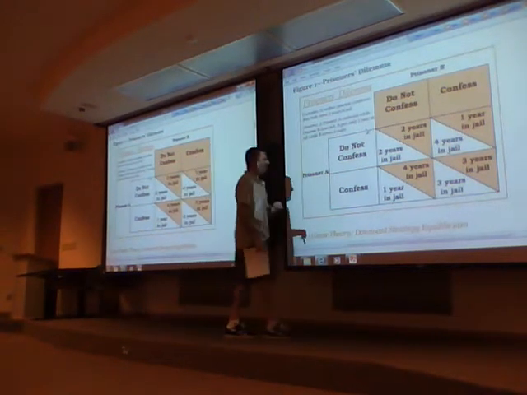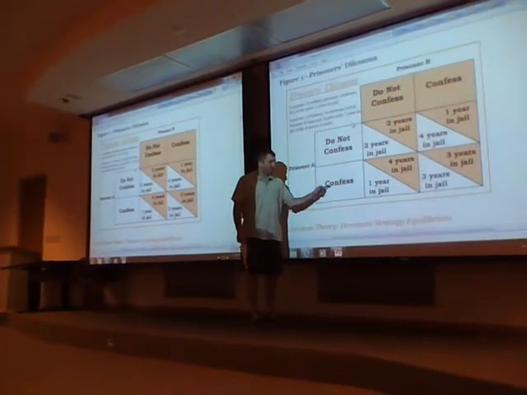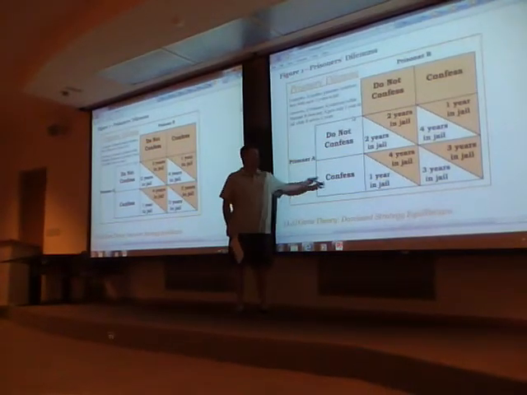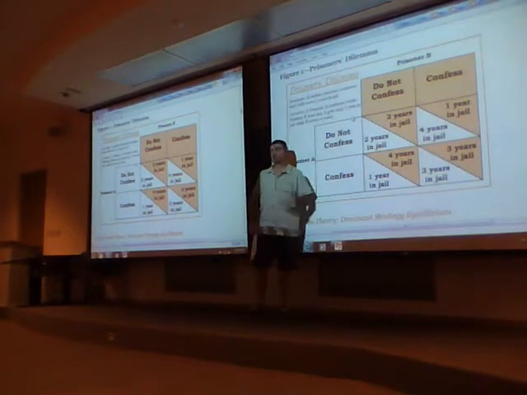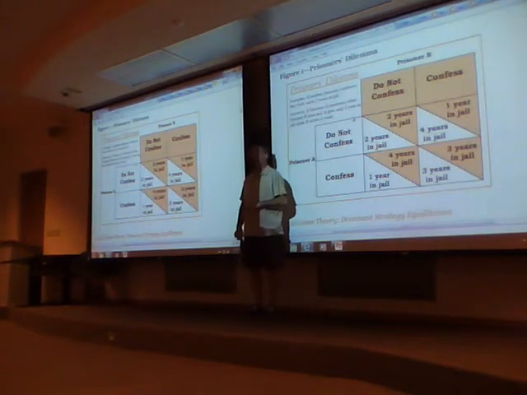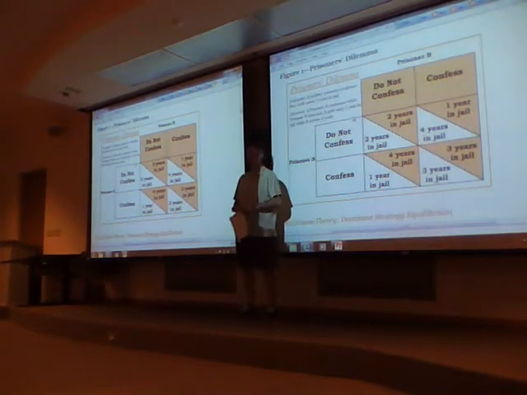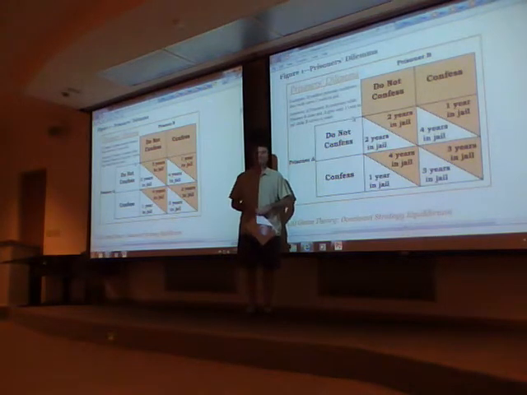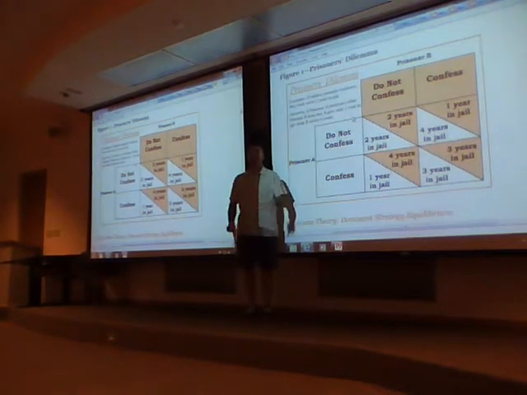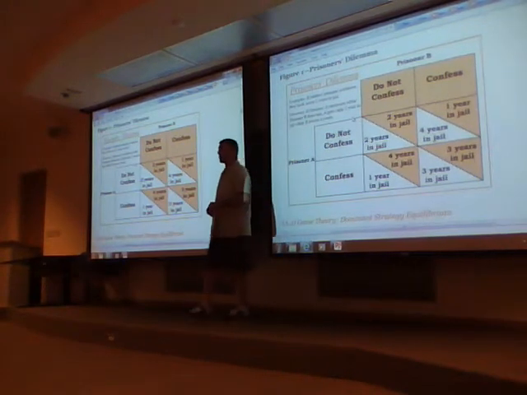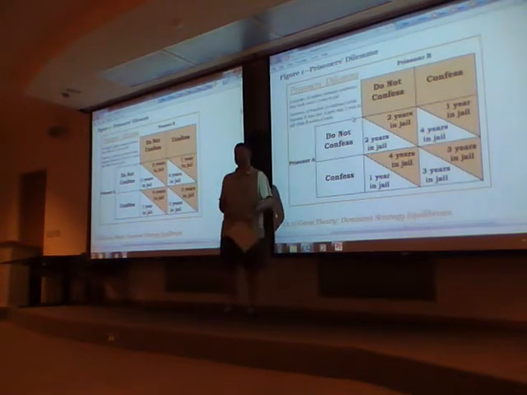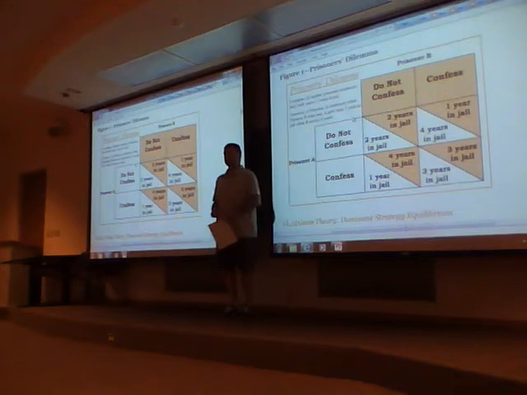They say, okay, here's what you do. If you confess, you're prisoner A. If you confess, but your partner does not confess, you're only going to get 1 year in jail. We're going to make a deal with you. We'll treat you well. But because you ratted the other person out, that other person didn't confess, they get 4 years in jail. So obviously, you want to rat that person out, but you better do it quick.